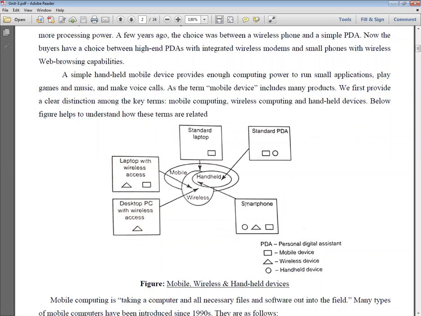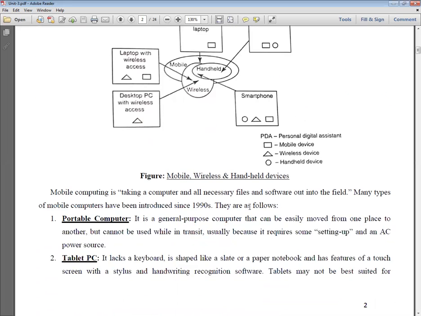So from standard PDA, now the present era is the smartphone. This is the rapid growth, the sudden growth. Sudden గా ఎందుకు చేంజ్ అయింది అంటే స్మార్ట్ ఫోన్‌లో అన్ని ఫీచర్స్ ఉంటాయి కాబట్టి సడన్ చేంజ్ has occurred. Right? So this is the explanation of this diagram.